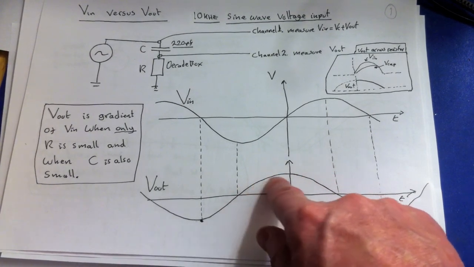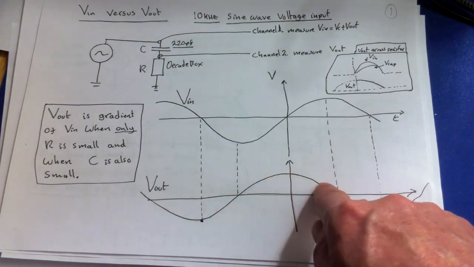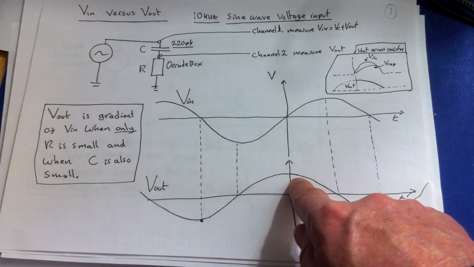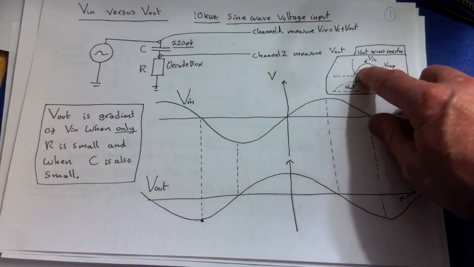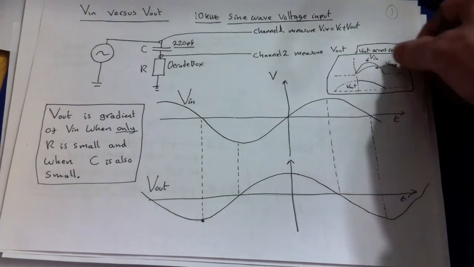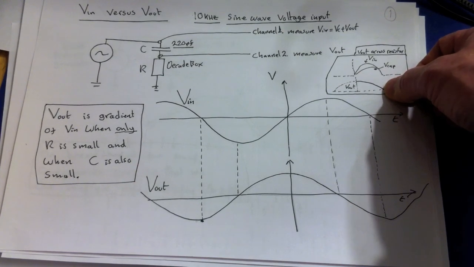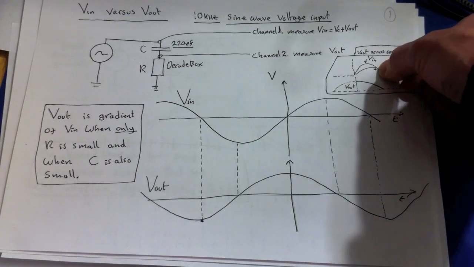So this V out here can also be thought of as the behavior of the current. As I say in this diagram, as we start to come over and we're fully charged at this point, once we're fully charged, the voltage on the output is 0.